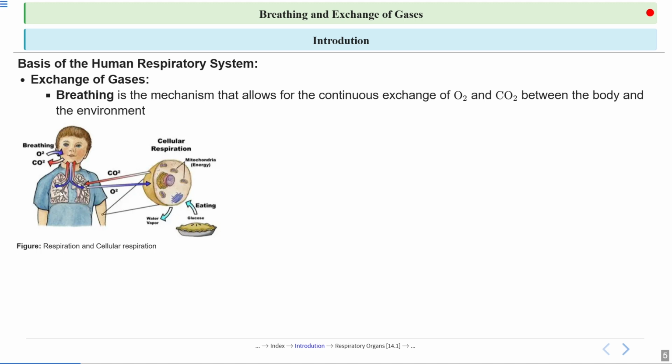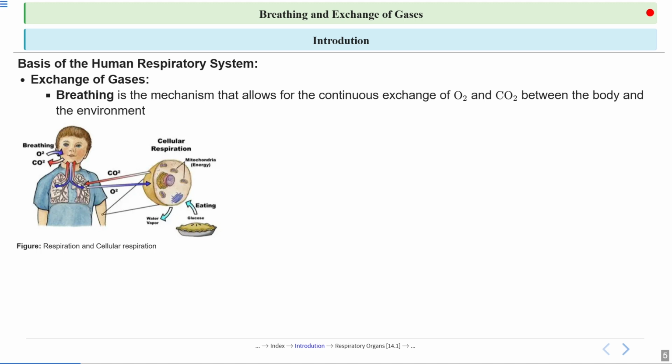And then in the alveoli, exchange of gases occurs. Finally, the oxygen is transported by the RBCs, which contain hemoglobin. Oxygen finally reaches the tissues, and this oxygen is used for carrying out various metabolic activities, such as respiration.